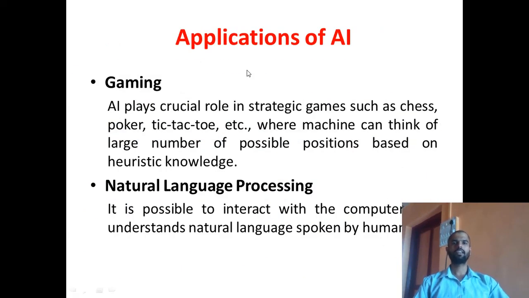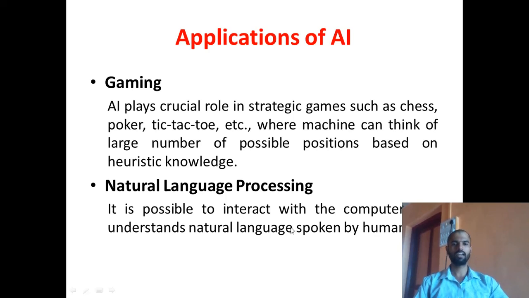So let's see various applications of artificial intelligence. First one is gaming. AI plays a crucial role in strategic games such as chess, poker, tic-tac-toe, etc. You might have heard about the games tic-tac-toe and poker as well as chess. Second application is natural language processing. It is possible to interact with a computer that understands natural language spoken by humans.